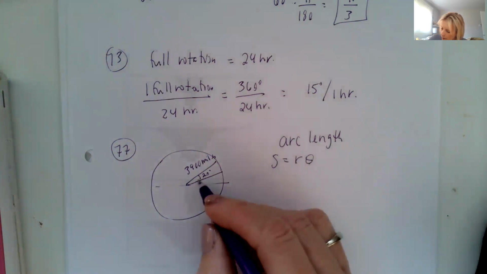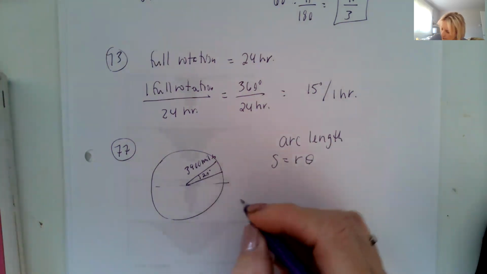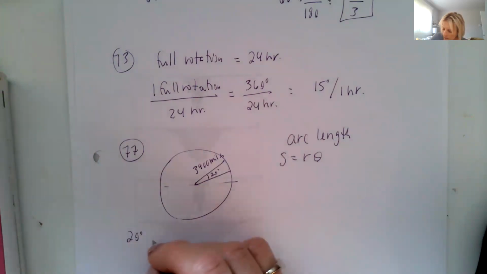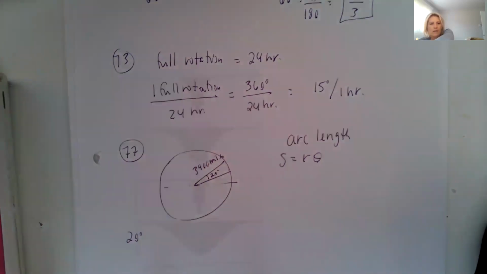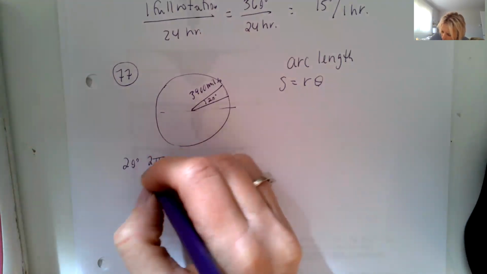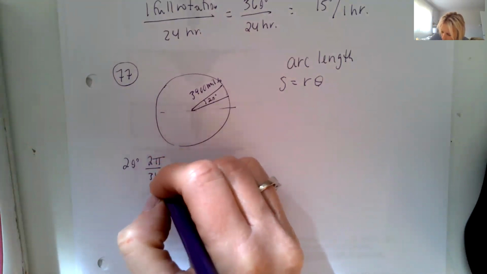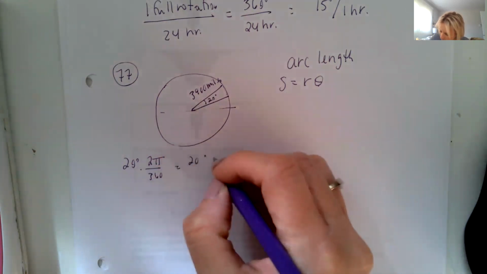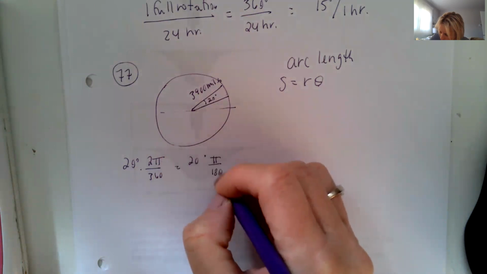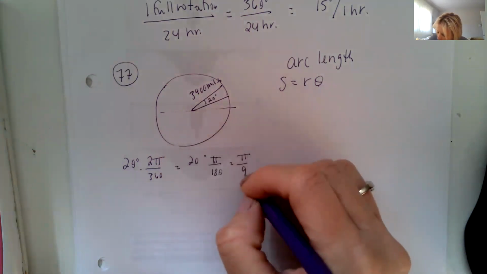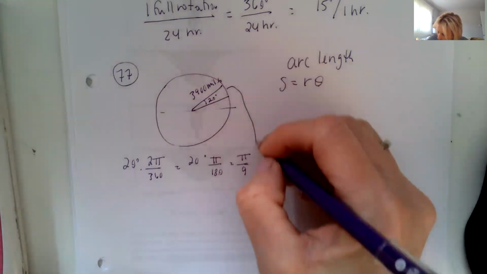Okay, so our angle is 20 degrees. So we know that 20 degrees, if we multiply that by 2 pi over 360, or that's the same as 20 degrees times pi over 180, we turn this into radians. This is pi over 9 is our angle.